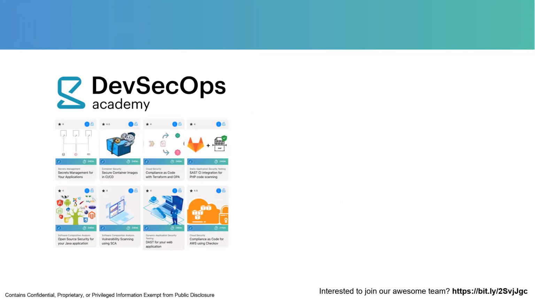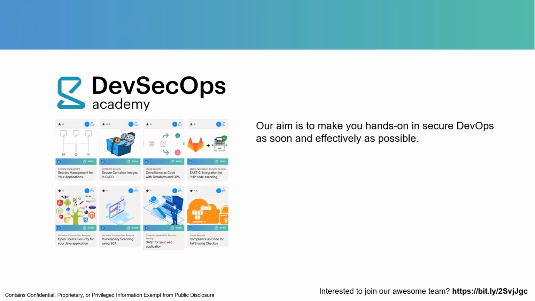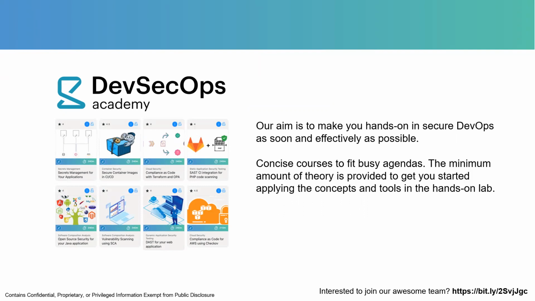Thank you. So, who is DevSecOps Academy? Well, it's in the name, of course. Our aim is to make you hands-on in secure DevOps as soon and effectively as possible.